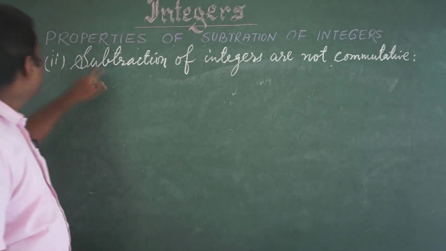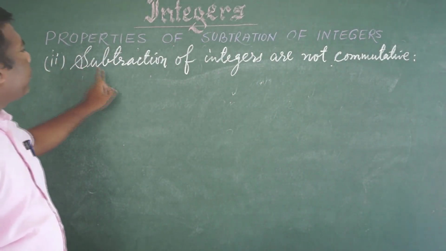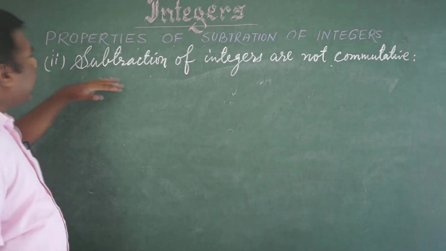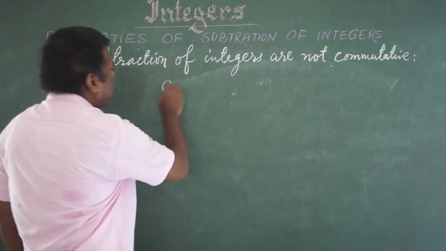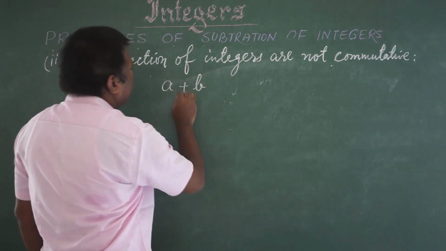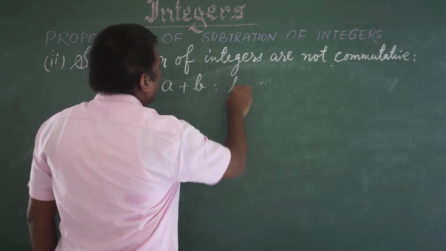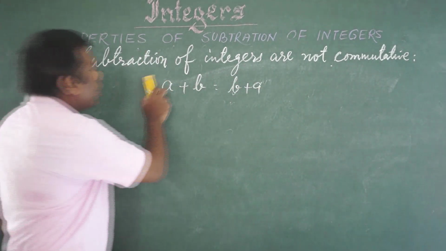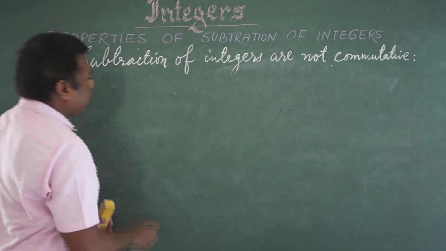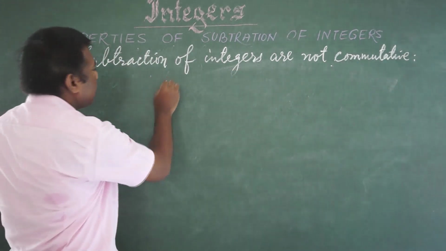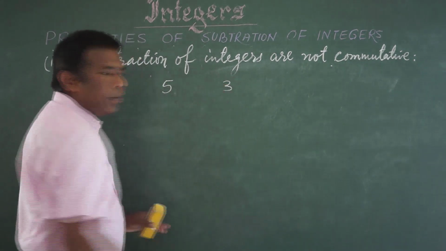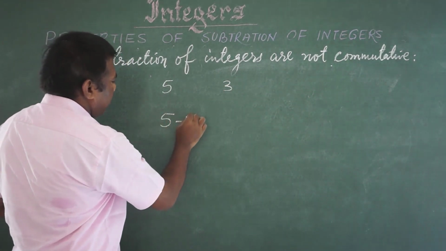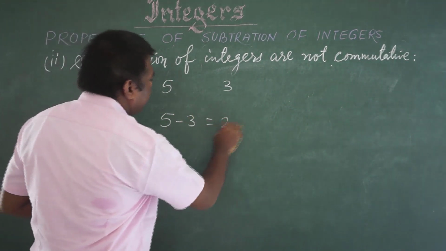Here you see, second property what we have: subtraction of integers is not commutative. In addition what we have, a plus b is equal to b plus a. But in subtraction, suppose take any two integers 5 and 3. If you are subtracting 3 from 5, what will you get? 2.